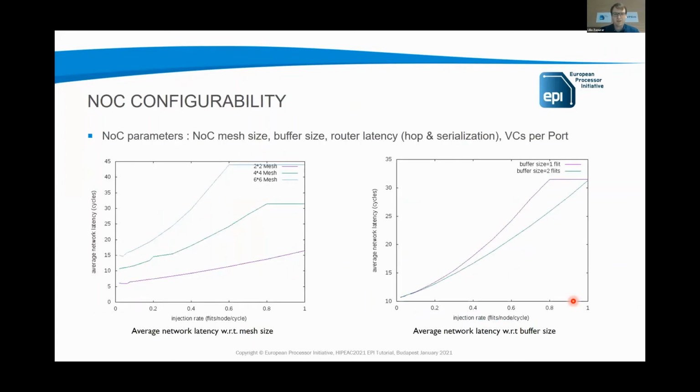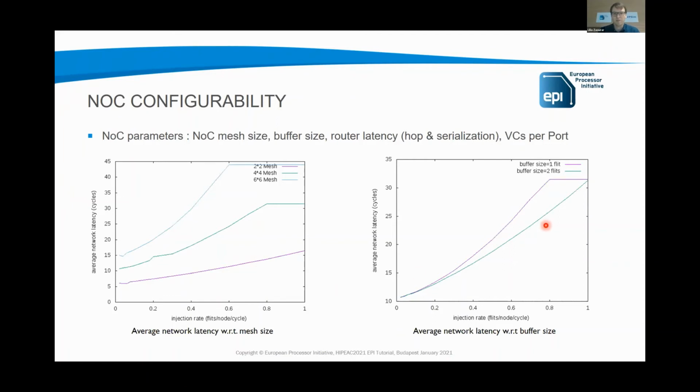So based on this new contention model, we are able to really see the impact on the network latency of the contention due to the increase in the usage of the network. So here we can see the curves are actually growing with the number of flits transiting per cycle. And so you can start making design space exploration on the size of the mesh and on the impact of the total latency on this network.